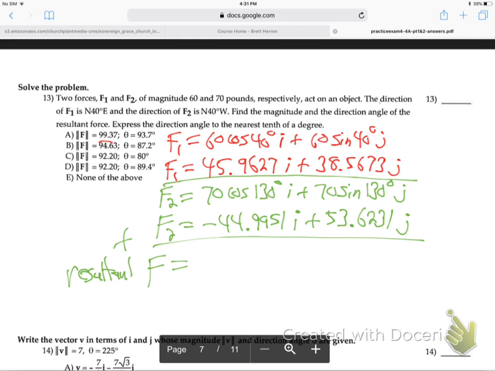So the result of two forces, the resultant force, is you add them together. So we're going to add together this number and this number. It's actually subtraction because it's negative.